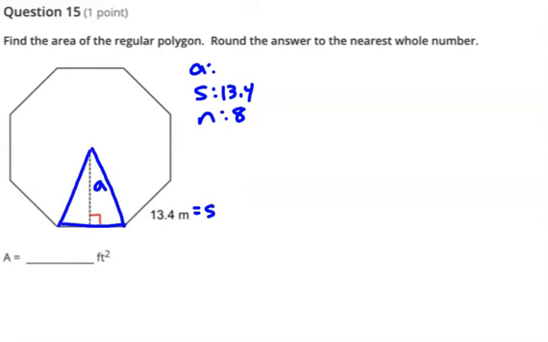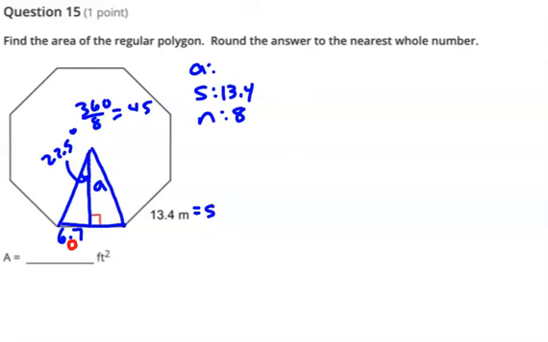We know that this is 13.4, but when we draw A in there, it gets cut in half, so we're going to use 6.7 right here. This angle, I have 360 divided by 8, which is 45, but that makes this angle right here 22.5 degrees.